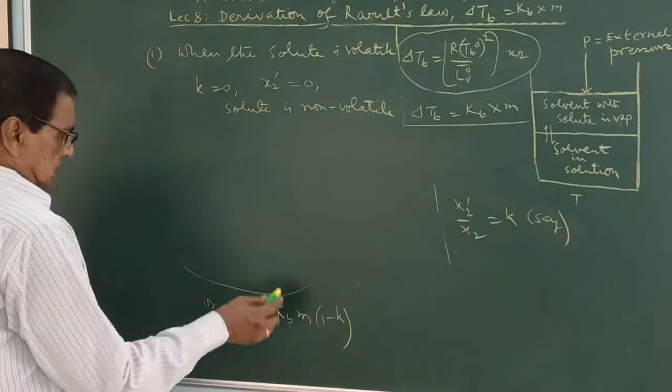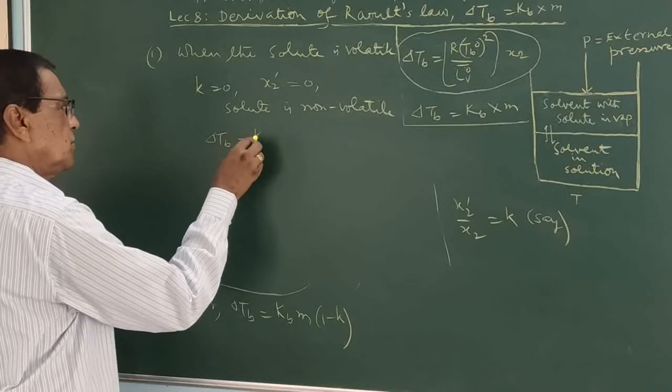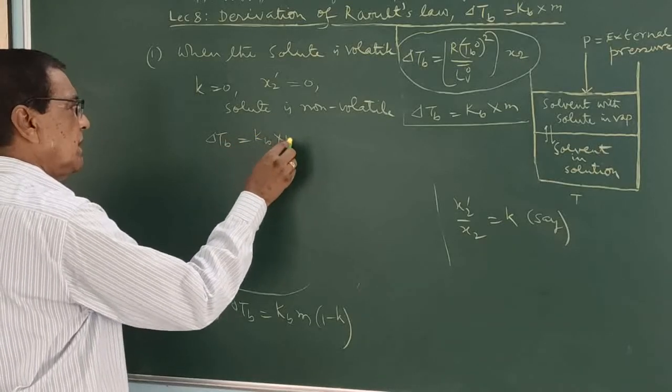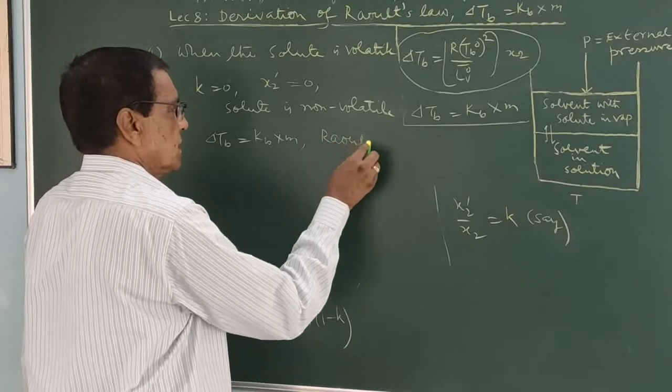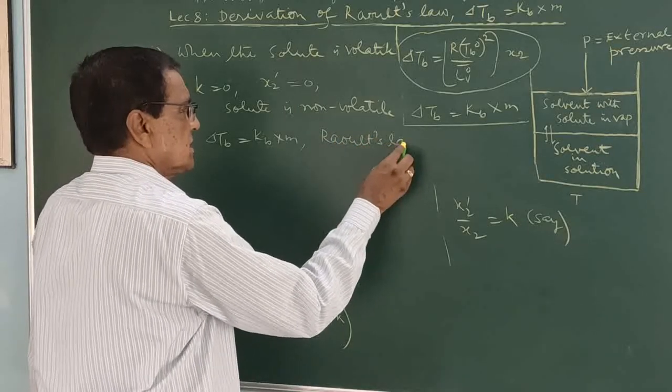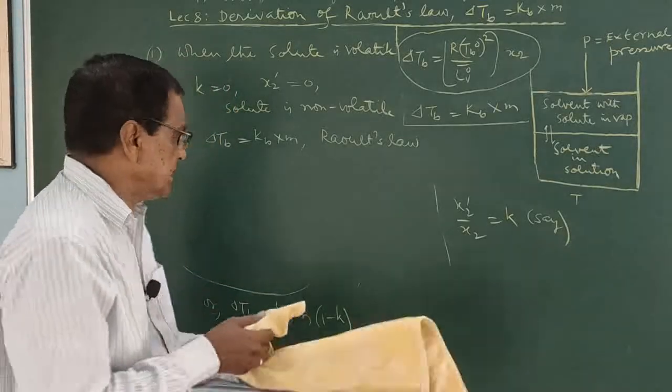So in this case, delta TV equal to KB into m, and this is Raoult's law. Raoult's law is obeyed.